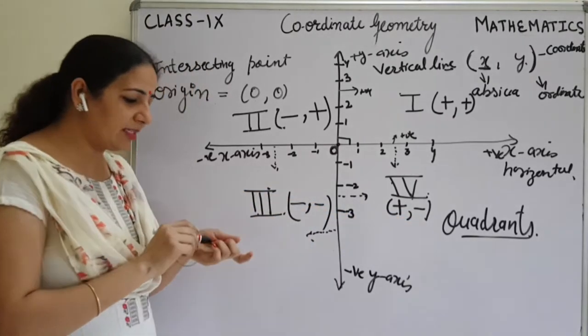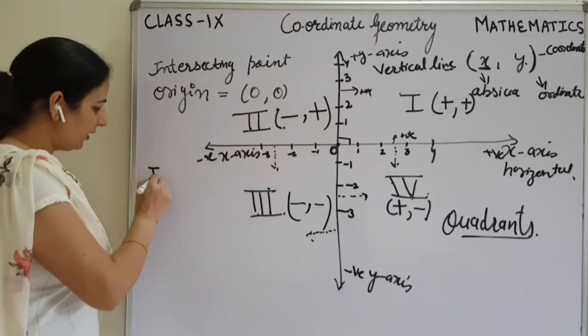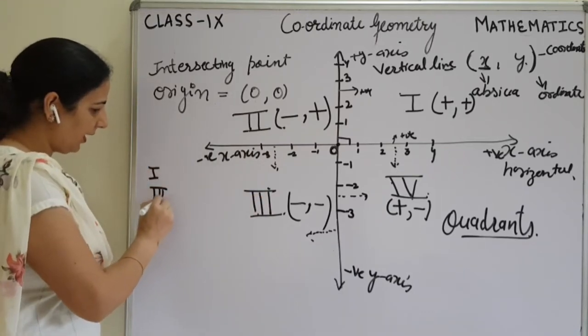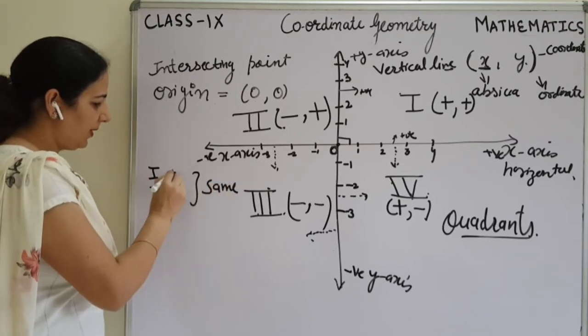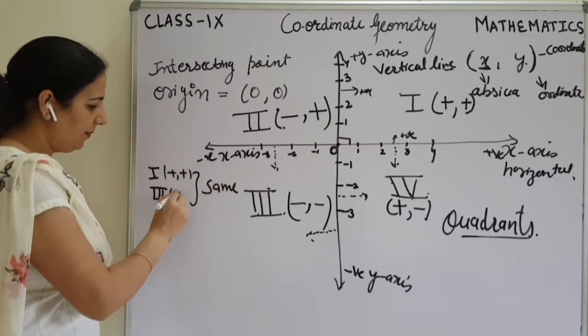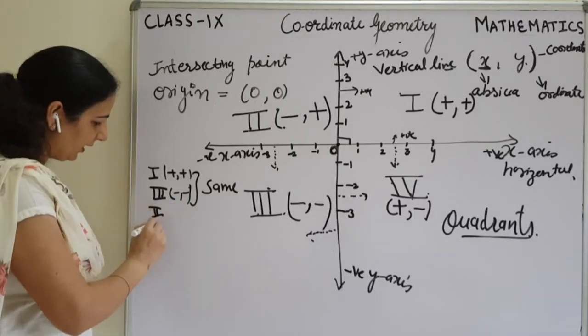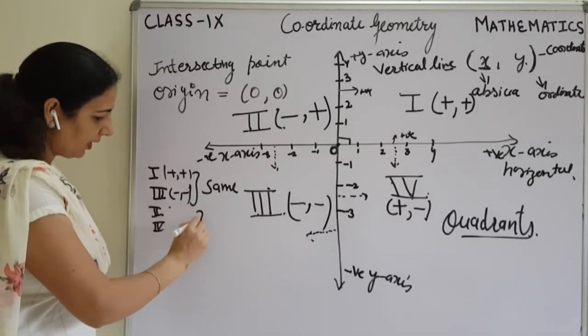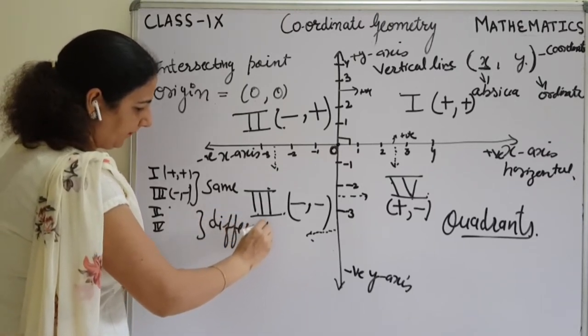So what we can say by this: in the first and the third quadrant, the coordinates are the same. Here plus plus and here minus minus. In the second and in the fourth quadrant, the coordinates are different.